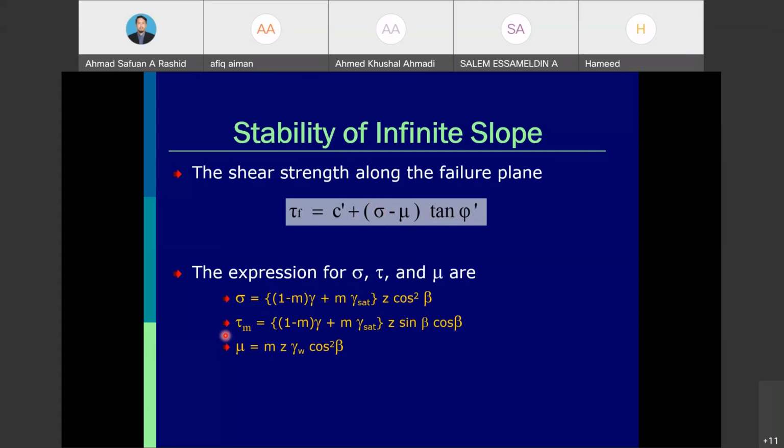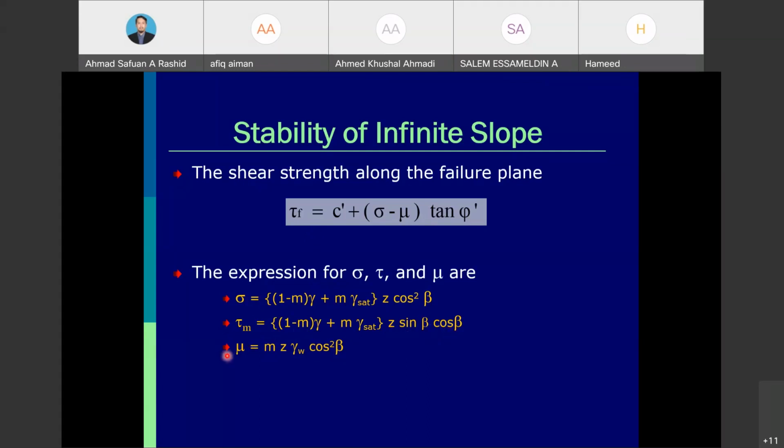So this is for the tau m, or in the previous equation, this is referred to as the shear stress. For this case, this is the driving force, while this is the resisting force. The tau m is as listed in this equation, similar to the one we discussed previously.